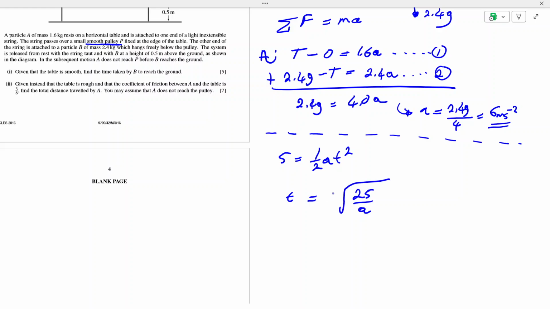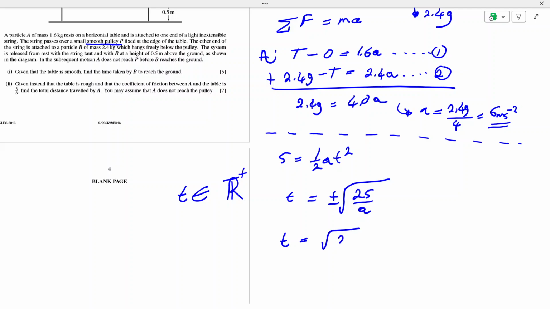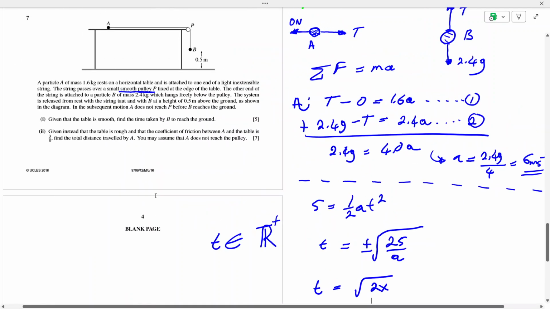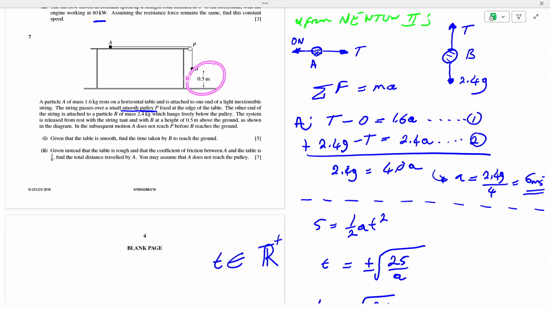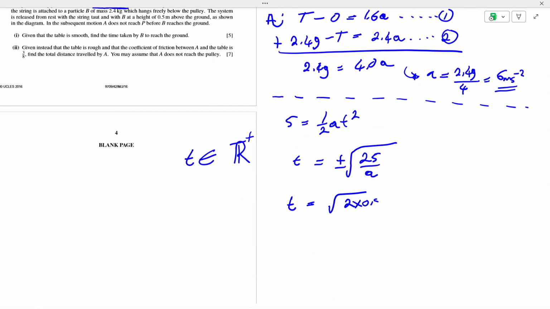Remember, a square root is usually plus or minus, but we know that time is always a positive real number. It can never be less than 0, so we can discard the negative. Now I'm going to substitute in the values. Square root of 2 multiplied by the distance traveled by B, which is 0.5 meters, then divide by the acceleration we just found, 6 meters per second squared.